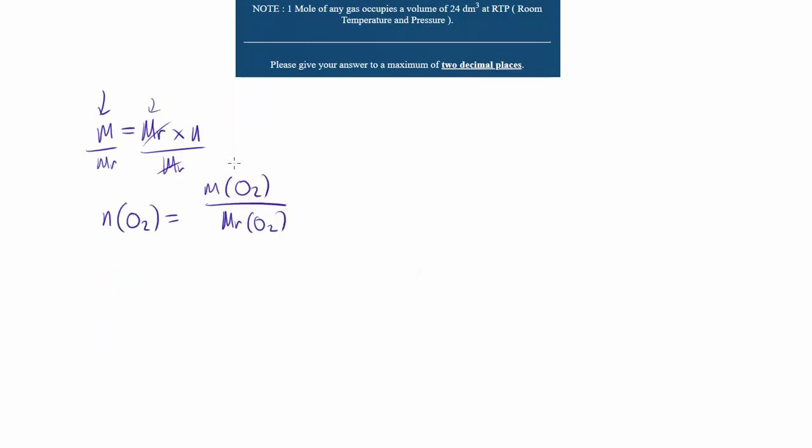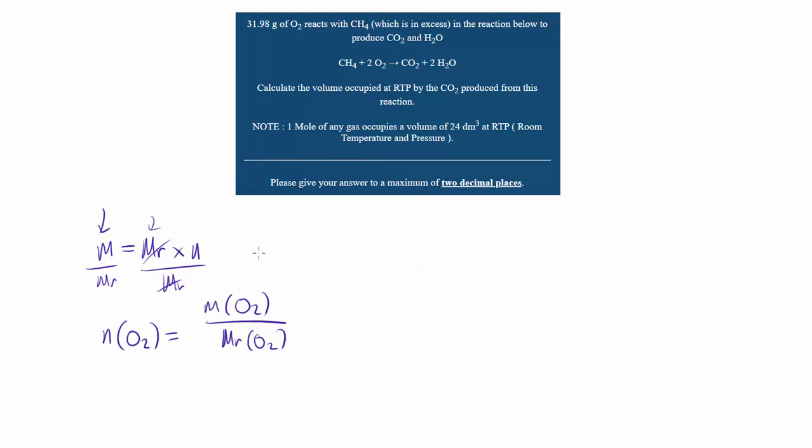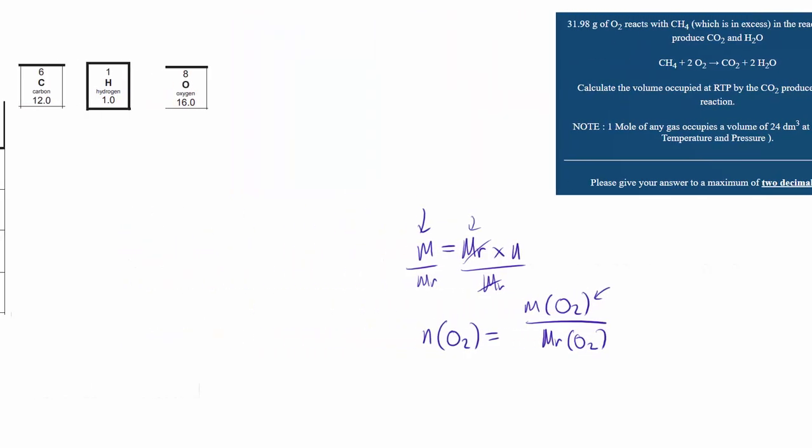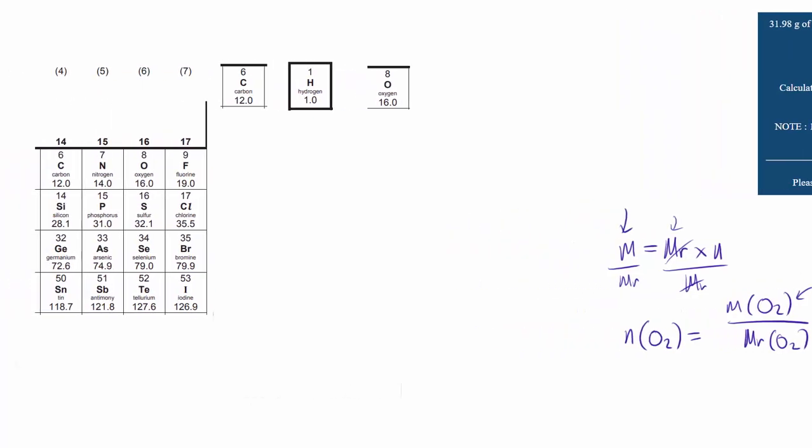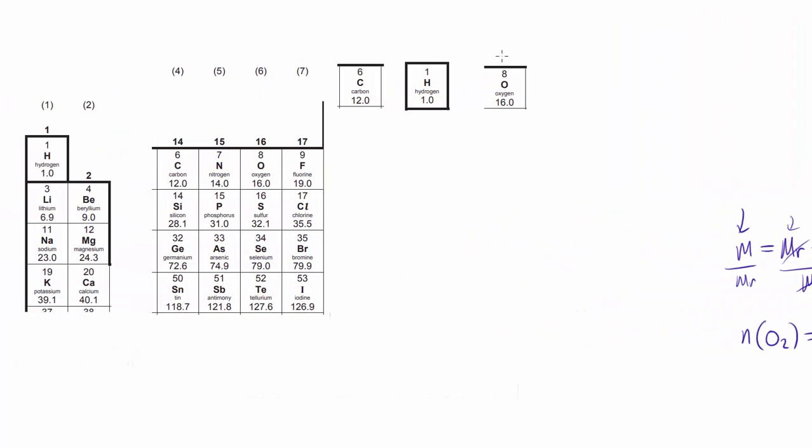Okay, and as I said, we've got the mass here. What we don't have is the molar mass, so we can use the periodic table now to work that out. So for oxygen, that's O2, so mR of O2, that's going to effectively be, as you can see, 16 is the relative atomic mass, and we've got two of them, right?